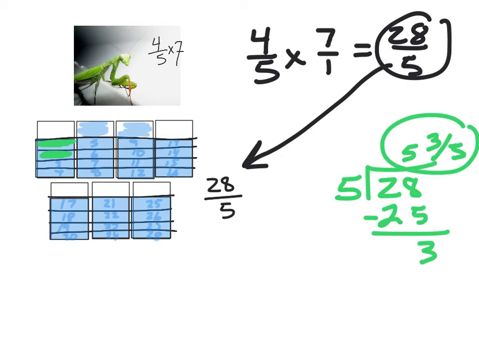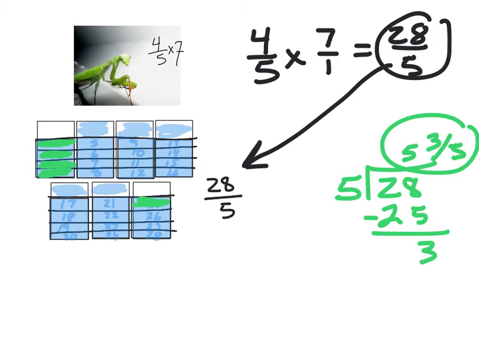And then I'm gonna get rid of this one here, right, and I'll move that fraction piece right over here. And then I'm going to get rid of this one right here, and I'm going to move in the fraction piece right here. And then I'm going to take and get rid of this far one right here, and I'm going to move that fraction piece right there.